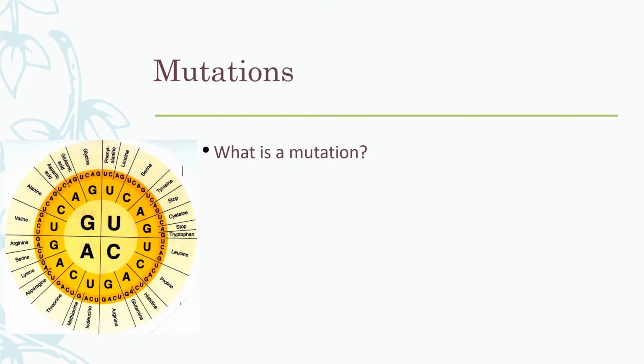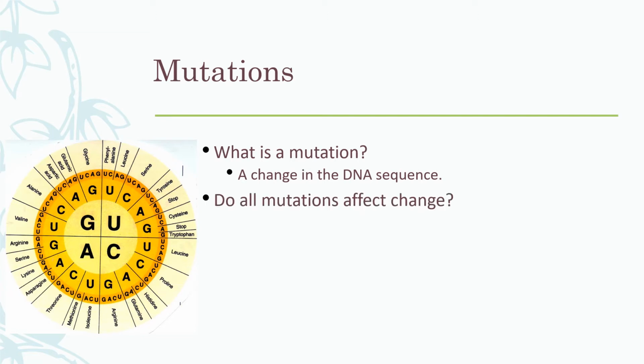So the first evolutionary force that we're going to go into detail on today is mutations. We already talked about natural selection in our previous PowerPoint lecture, so you should know that. We're going to go over mutations now. So what is a mutation? It's a change in the DNA sequence. Think back to our genetics unit, I think it was unit 6, where we talked about the different kinds of mutations.